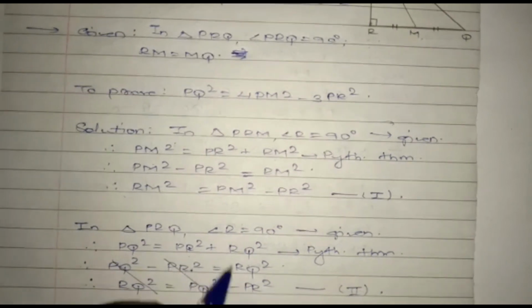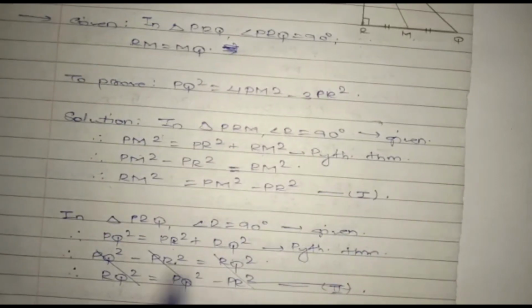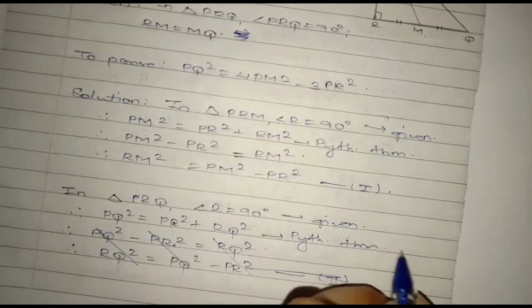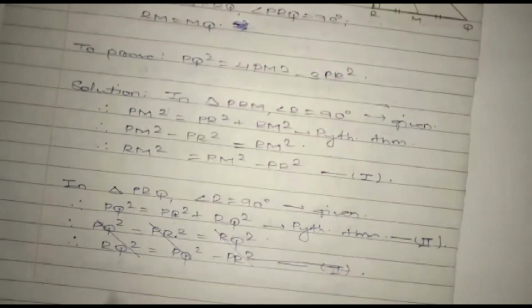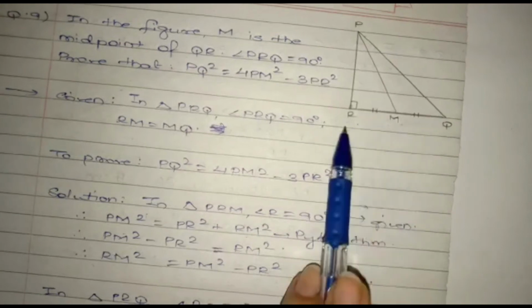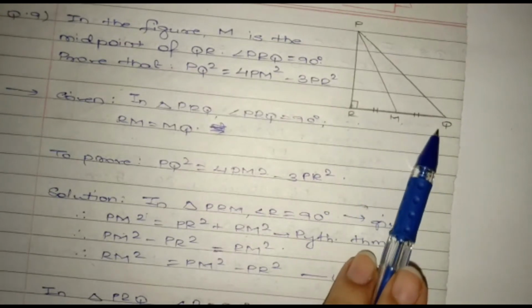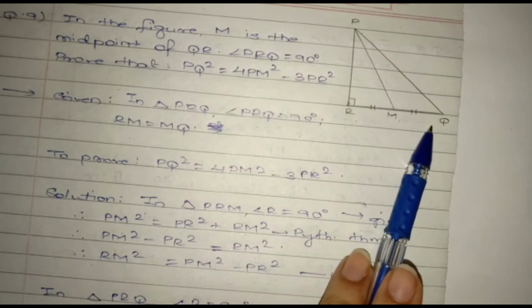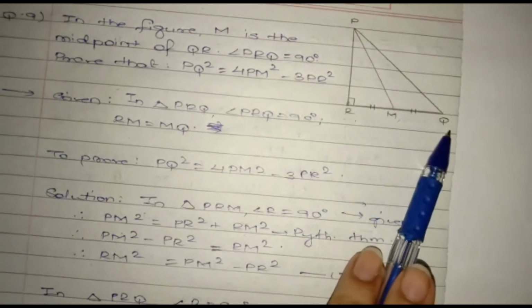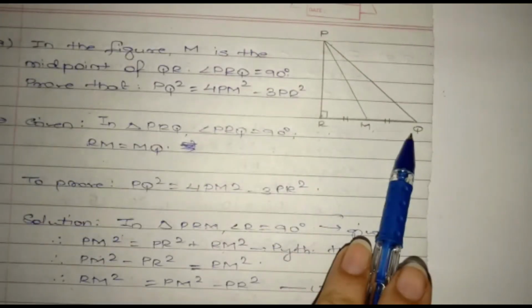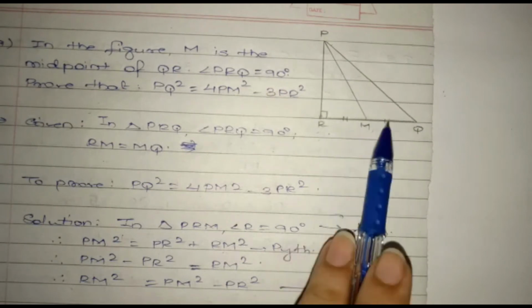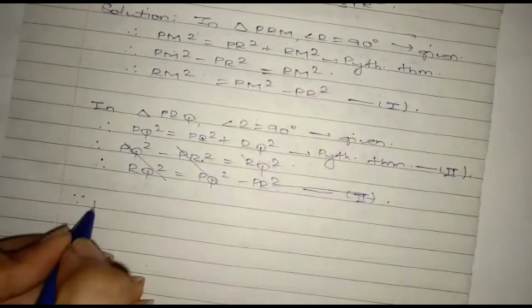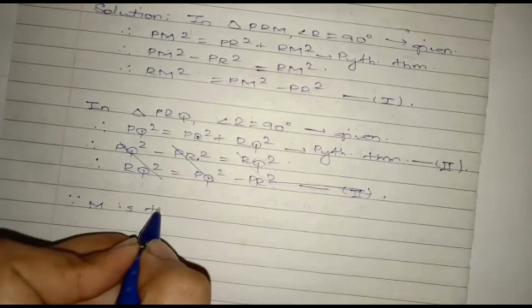Using Pythagoras theorem we got this and we consider it as equation number 2. Now RM plus MQ gives us RQ. But RM and MQ are equal, so we will get 2RM is equal to RQ. Since M is the midpoint, RM and MQ are equal.